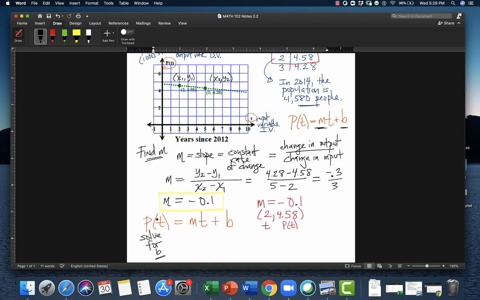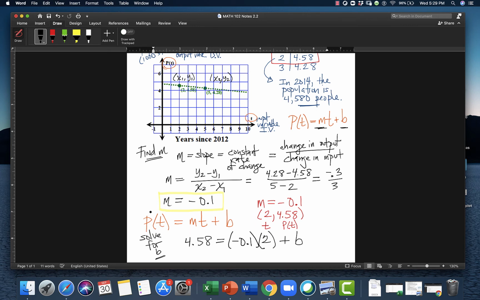Okay, so P of t is 4.58. I'm shifting things over a little bit. That's P of t here equals m, which is negative 0.1, times t, which is 2, plus b. And now we don't know the value of b. We're solving for b.